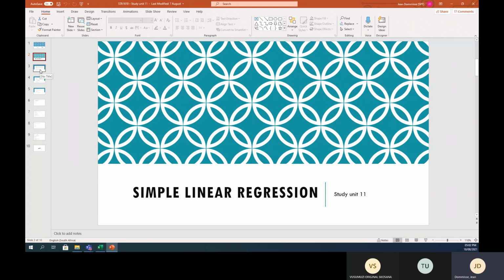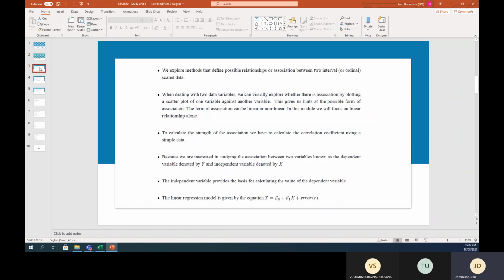So when we go into study unit 11, if you look at all the other work we've done, we haven't really focused on anything around regression. It was much more about other models that we use, and then suddenly we get into regression. So it is a bit different from all the other study units.